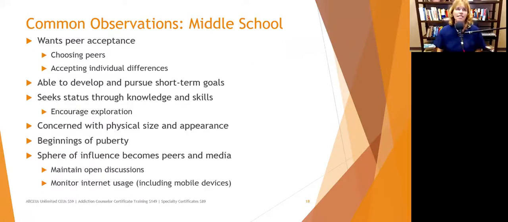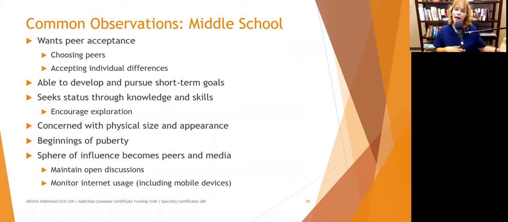They want peer acceptance, so they may need assistance figuring out how to choose peers. And that sounds overly controlling, but sometimes they just need to bounce ideas off of parents, and you may not love every one of their friends. And you can encourage parents to express the fact that, I'm not crazy about what that person does.